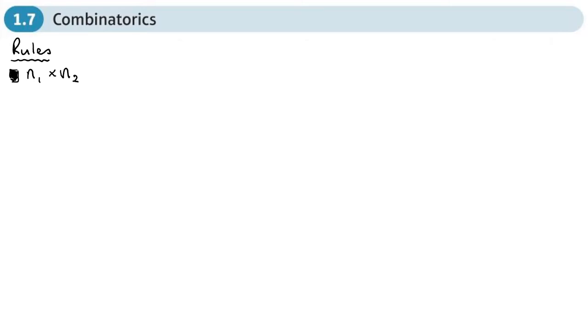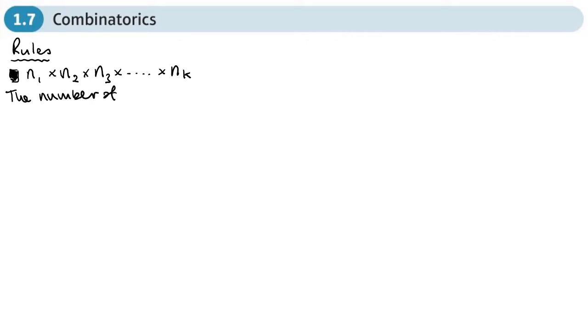Now, each one of these n's represents the number of choices available for each item. So here we have item number 1. How many choices do we have? This might represent 5 different types of sandwiches. N2 will be the number of choices for the second item. And then we can carry on with the number of choices for the third item.